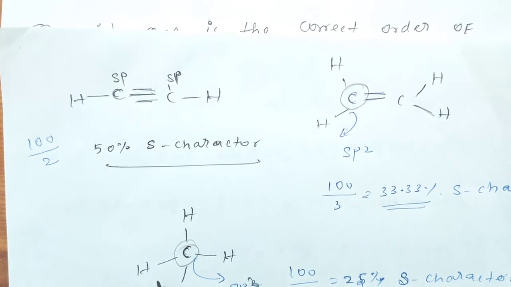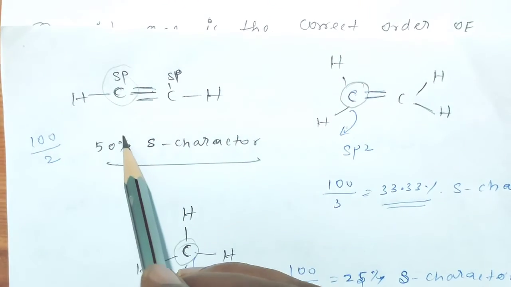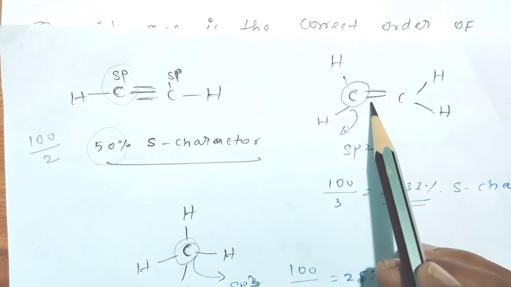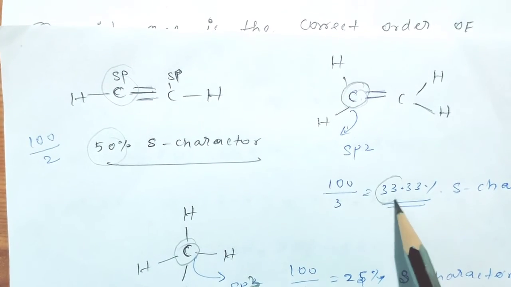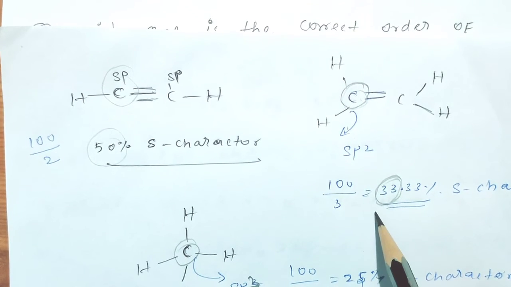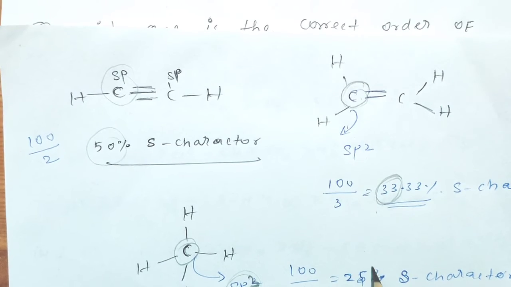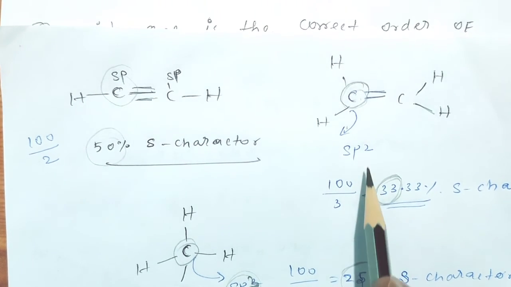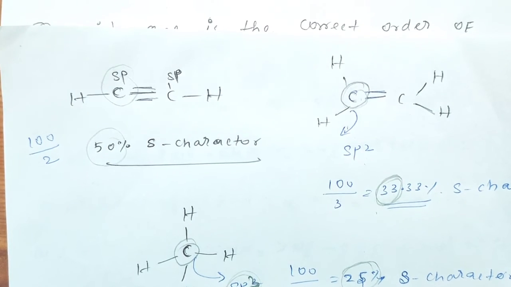Generally an sp carbon has 50% s character, sp2 carbon 33% s character, and sp3 carbon 25% s character, right?